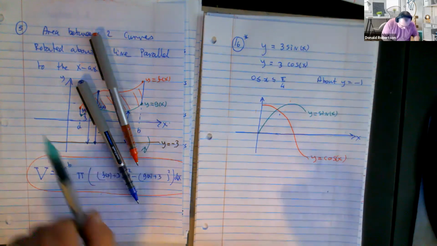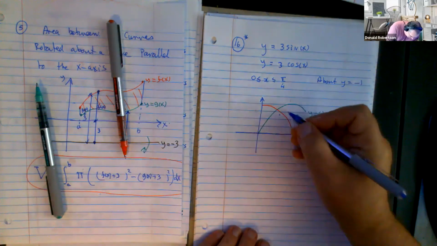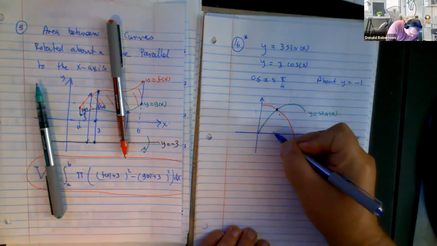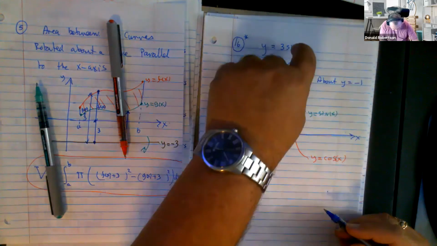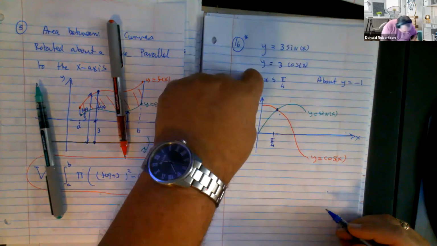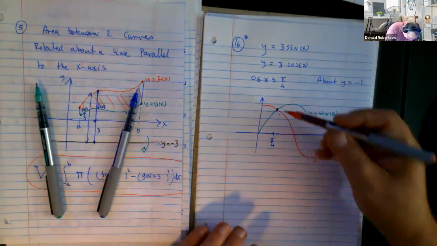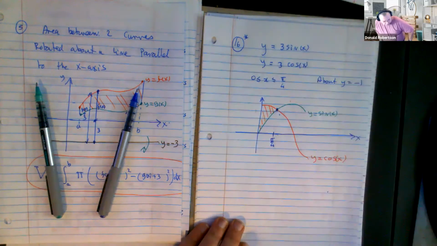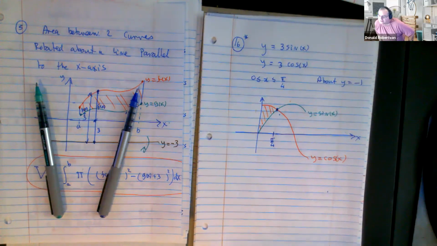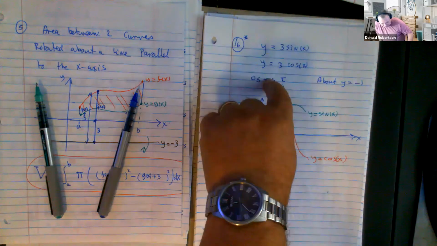Can you trust me if you did this in Desmos? That guy there happens to be pi upon 4. So if you take the area between these two curves from 0 to pi upon 4 and you put the whole package together, doesn't it look like an old-fashioned axe head? Are you comfortable about how this information became this?